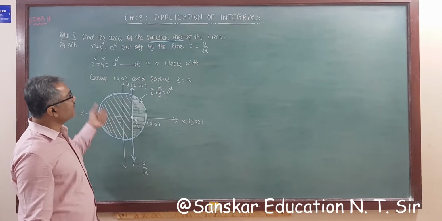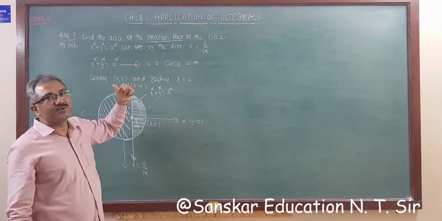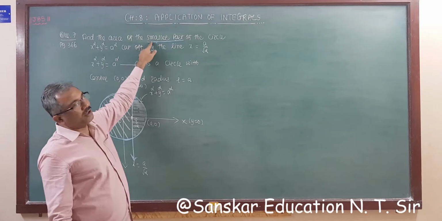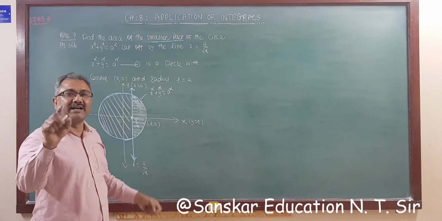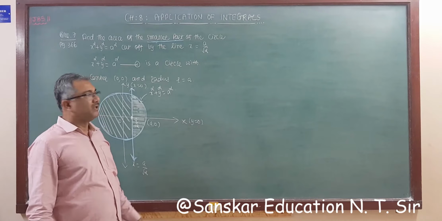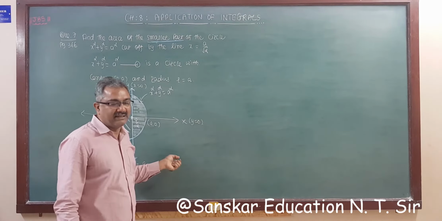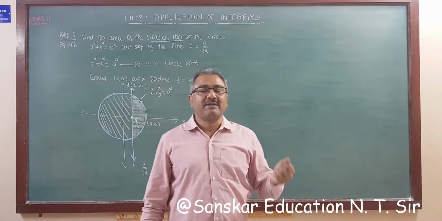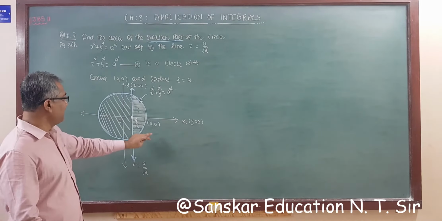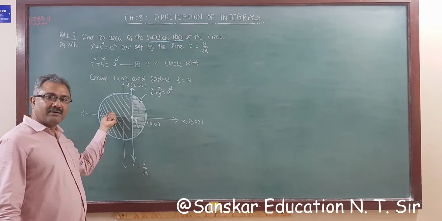So as shown in the figure, right, this is the important smaller part. If it is not given as the smaller part, then what do you have to do? Suppose instead of this smaller part, the question is to find the area of the bigger part. Then what do you have to do? Nothing. Solve this question, get the answer, whatever you get in this, and then find the area of the circle, pi r square, that is pi a square, and subtract the smaller, then you will get the full area.